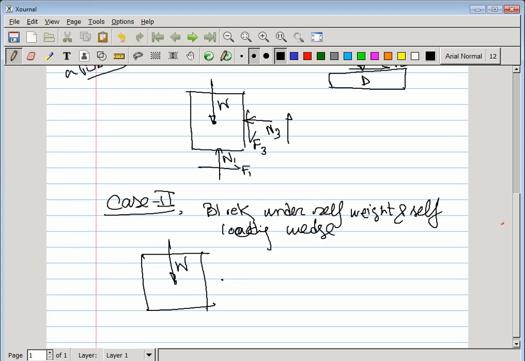So in that case, what will be the friction? The friction is in the upward direction, and the normal is also the same.